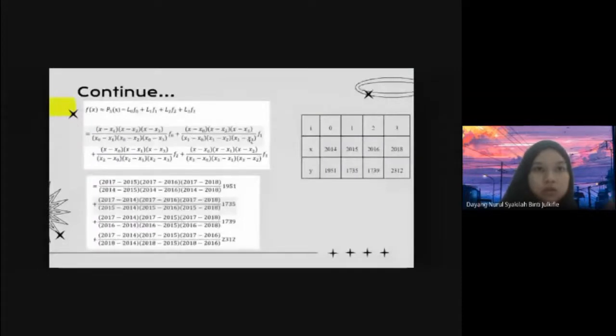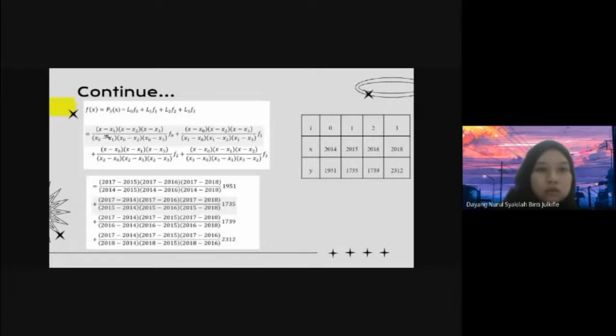So we continue the calculation by using the cubic Lagrange interpolation. The formula is f(x) equals P3(x), which is L0 F0 plus L1 F1 plus L2 F2 plus L3 F3.